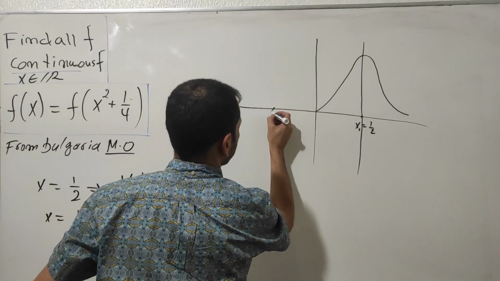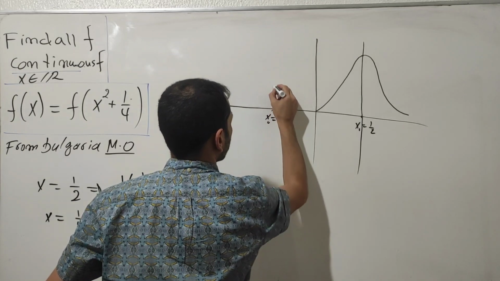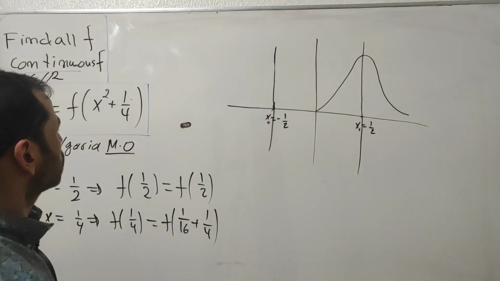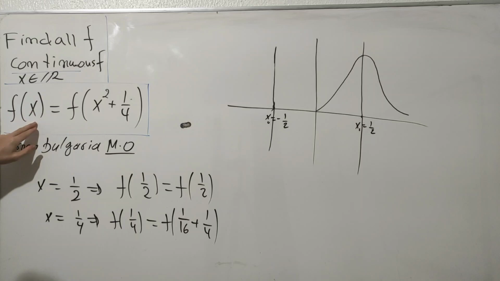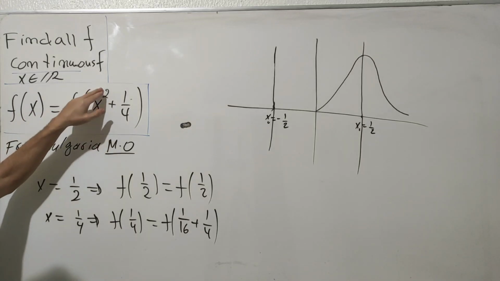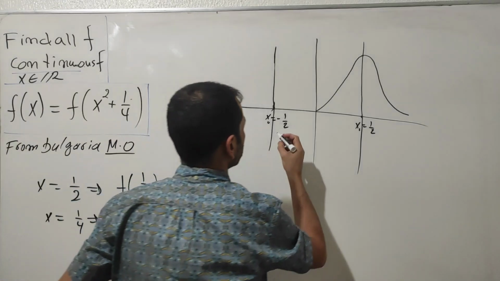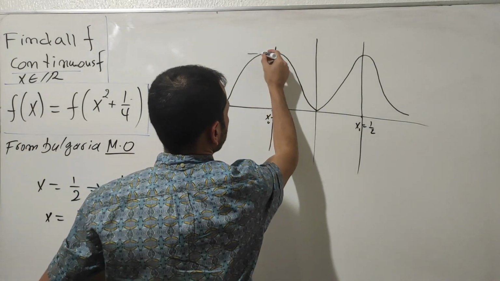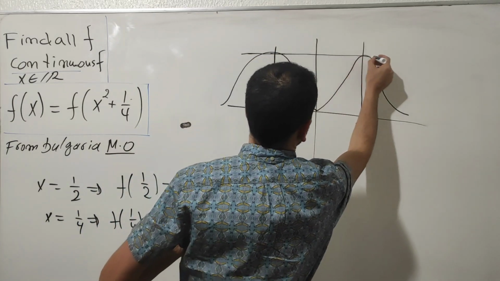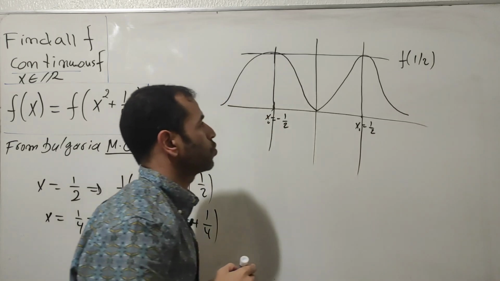For example, if you take x equals minus 1 over 2, you will also have a symmetry here, because if you check minus 1 over 2, I get the same output, which is 1 over 2. So we get the same f of half, the same output.